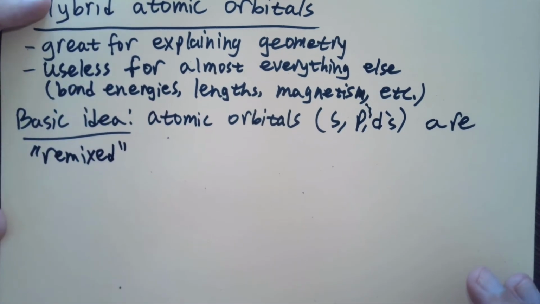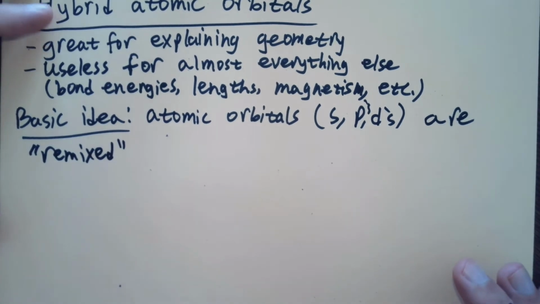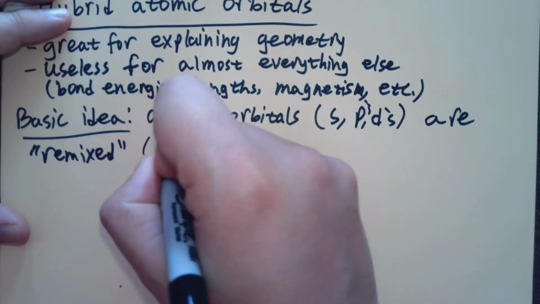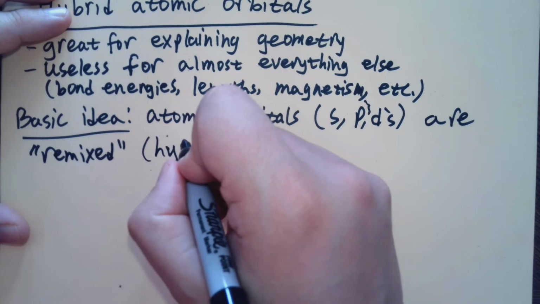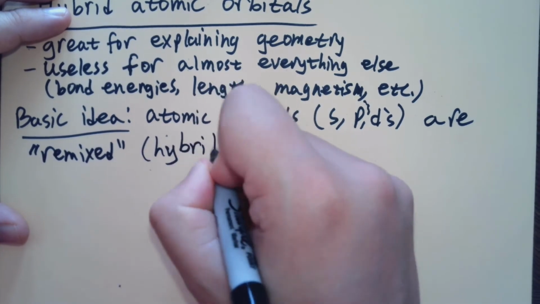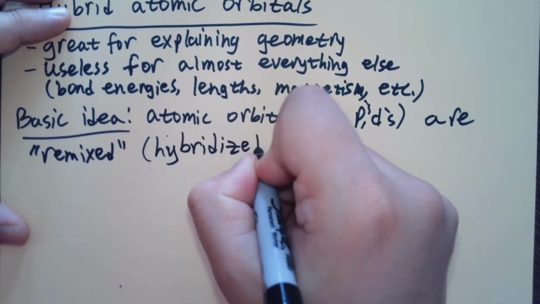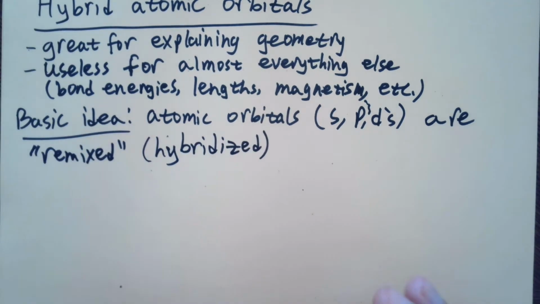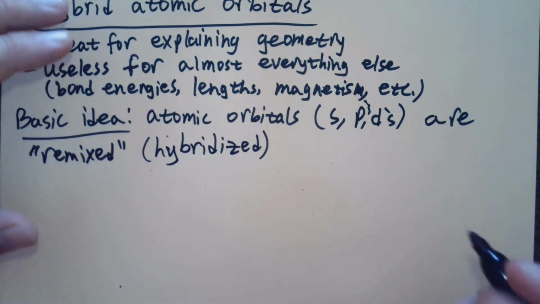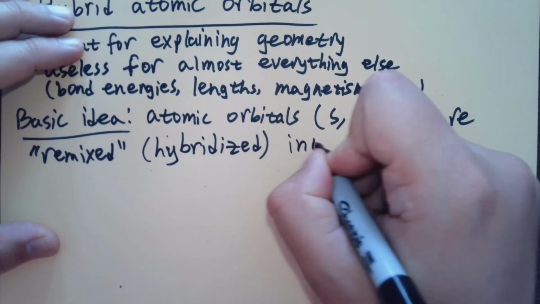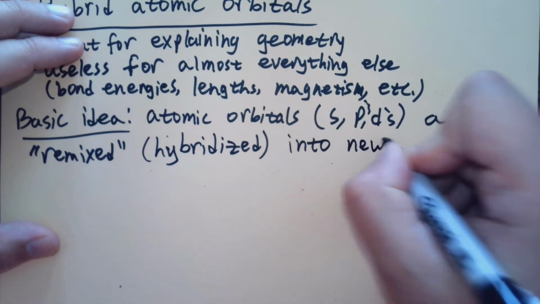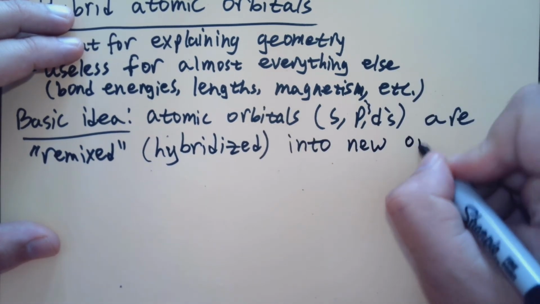So basically you just kind of edit like Pitbull in there or something, I don't know. Or the correct term, the official term, would be hybridized. So they're just kind of mixed together, and we're going to get different shapes, because we are mixing them into new orbitals.